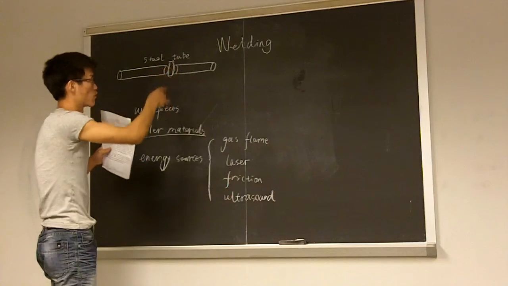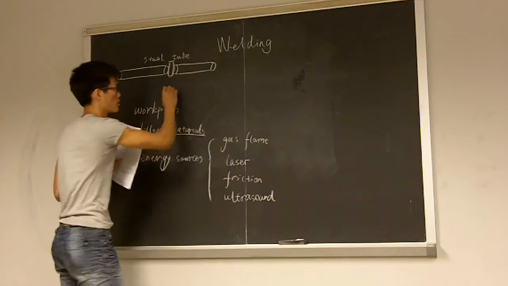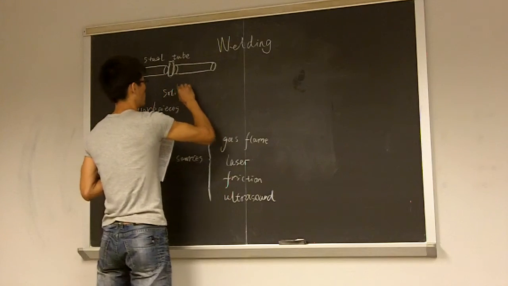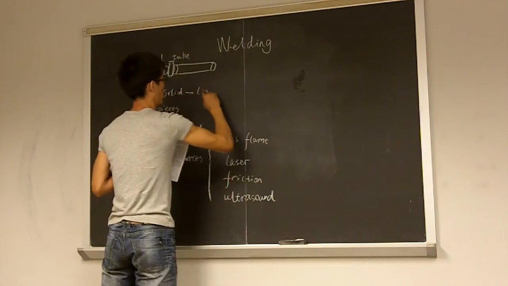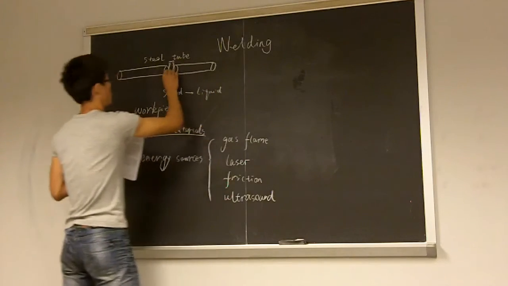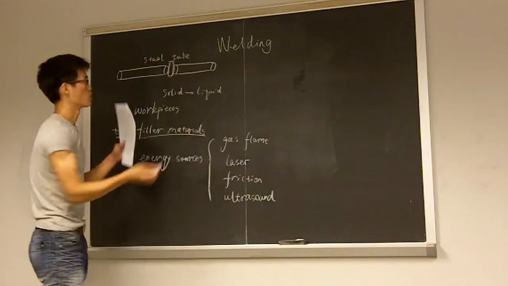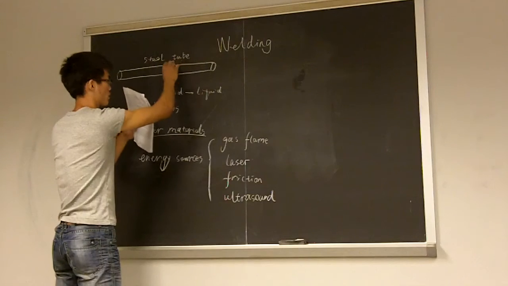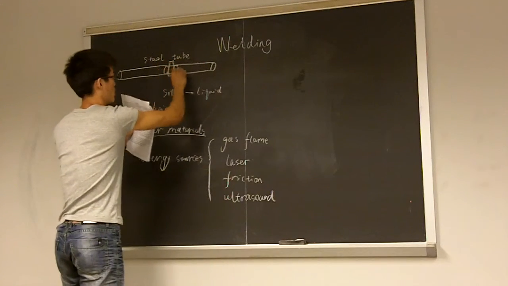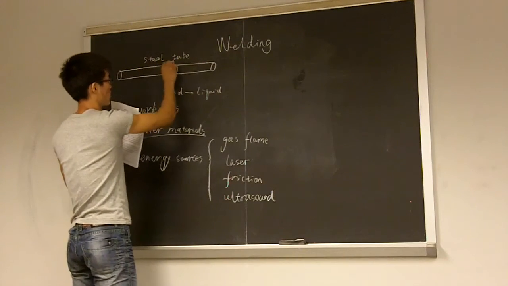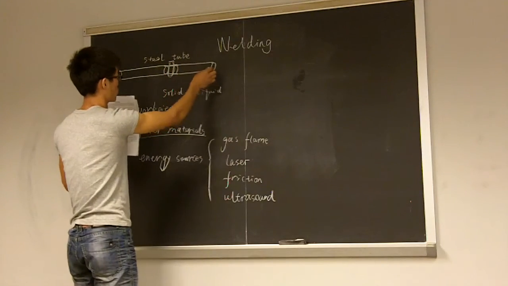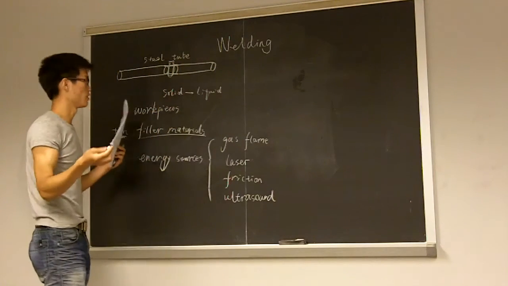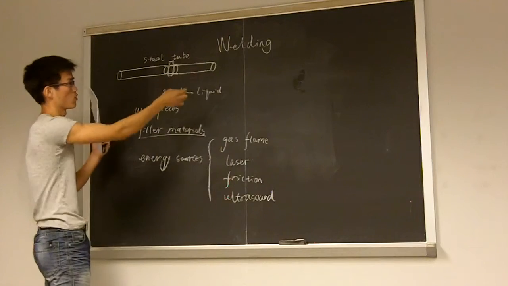They will turn from solid into liquid. When they cool down, they will become a strong joint here, and then become a long steel tube. Now we have finished the welding.